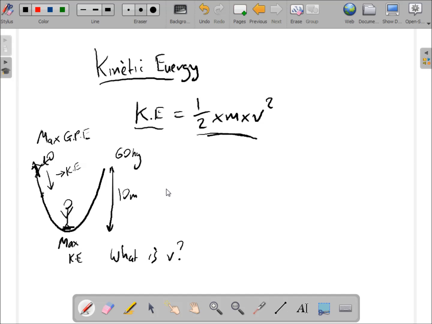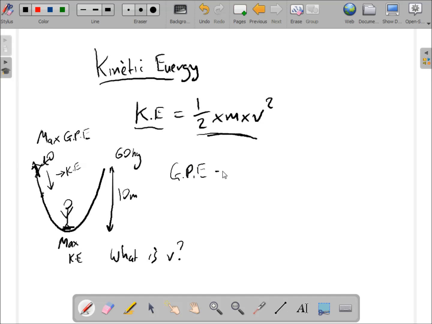Well, let's think about the steps that we have to go through to get to this stage. So firstly, we need to work out what the change in gravitational potential energy is from the bottom to the top. How much work would we need to do as a minimum to get him to the top of the half pipe? Well, that's where our G.P.E. equation comes in.